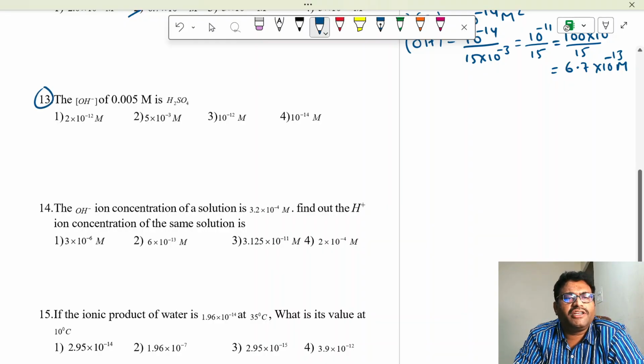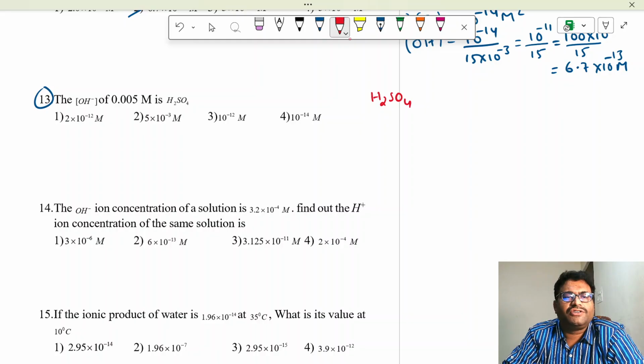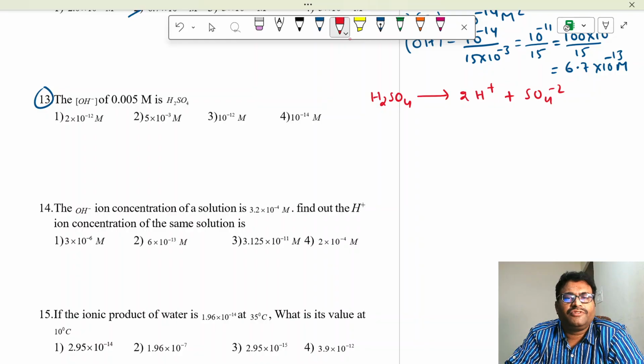Next, coming to question number 13. The OH minus ion concentration of 0.005 M H2SO4 is. Again, H2SO4 is a strong electrolyte. It dissociates to form 2H plus and SO4 minus 2. 1 H2SO4 produces 2 moles of H plus.